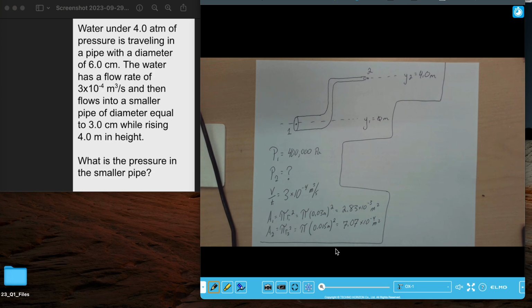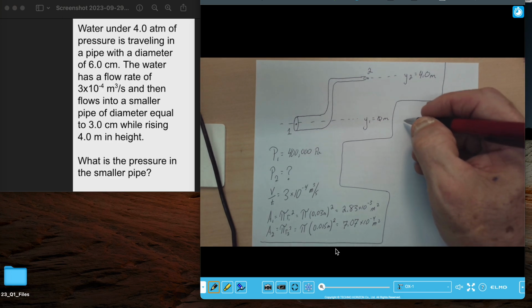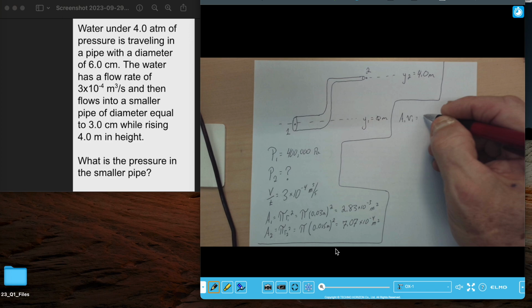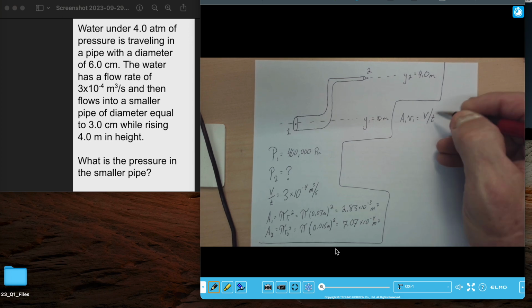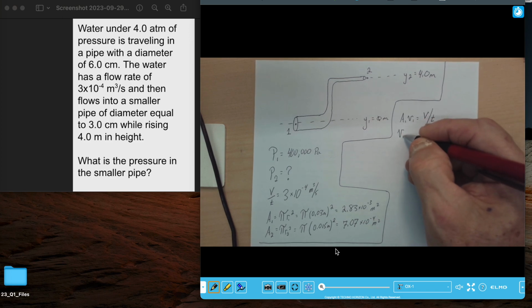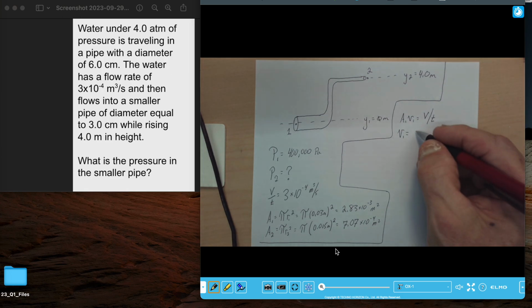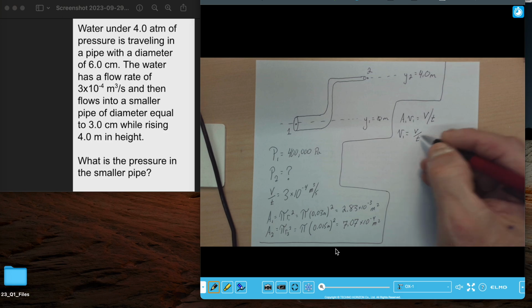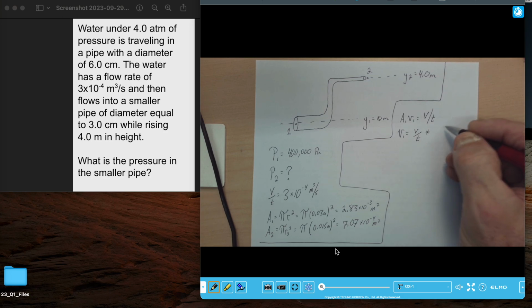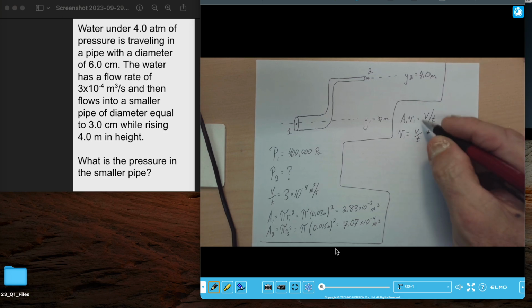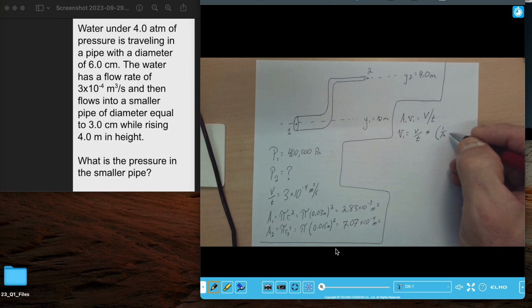The first thing we're going to need to know are the velocities, right? So we're going to have to go after the equation of continuity first and say that A1 V1 equals volume per time. So the velocity down low, V1, is going to be V per T, which we have a number for, times 1 over area.